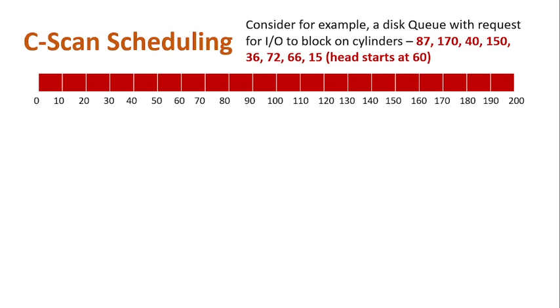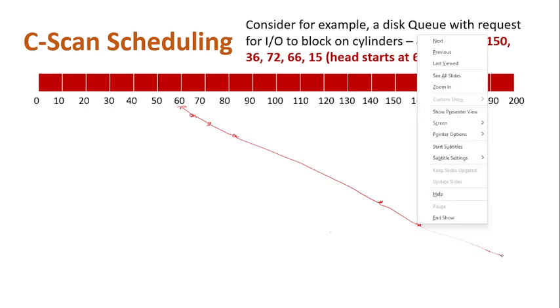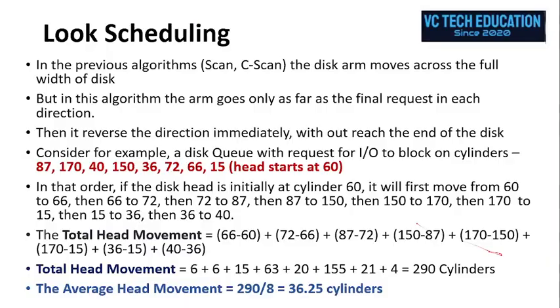So we start our journey as usual at the point 60, and from 60 we go up to 66, from 66 up to 72, from 72 up to 87, from 87 up to 150, from 150 up to 170, and from 170 we go to the end point, that is 200.